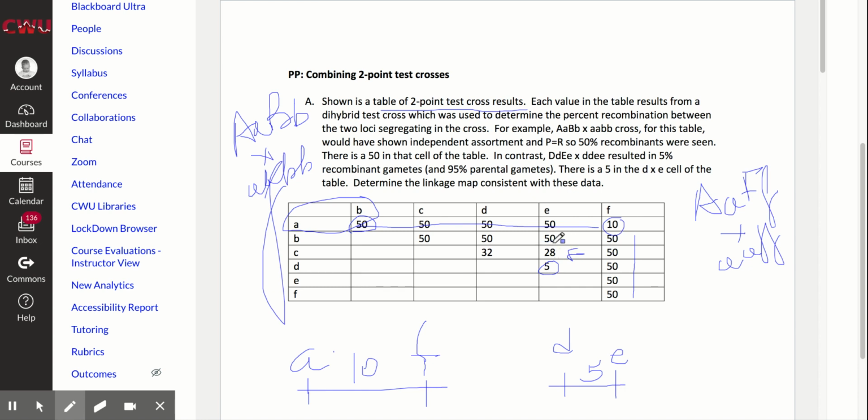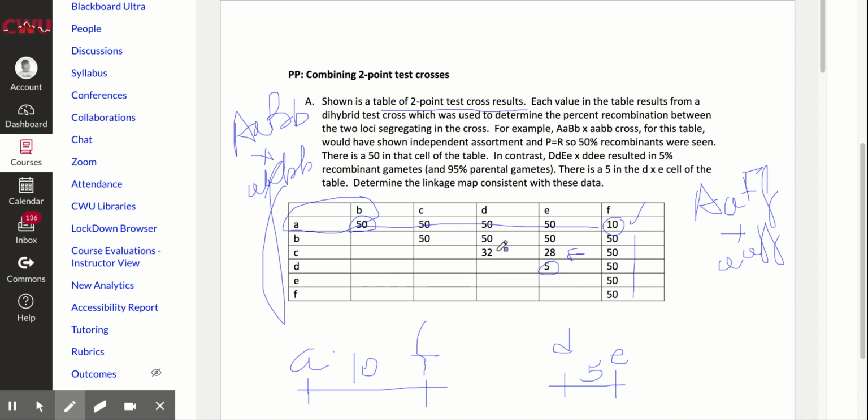My next smallest number in the table that I haven't taken account of, since I've taken care of this 10, is this 28. And C to E is 28. So C to E could be 28 out here, or C to E could be 28 out here. And I tell that by checking the C to D distance.